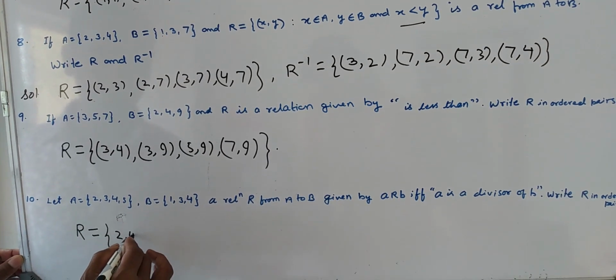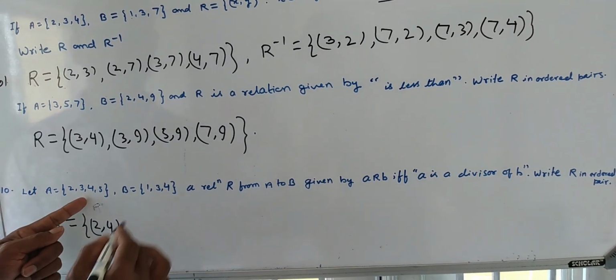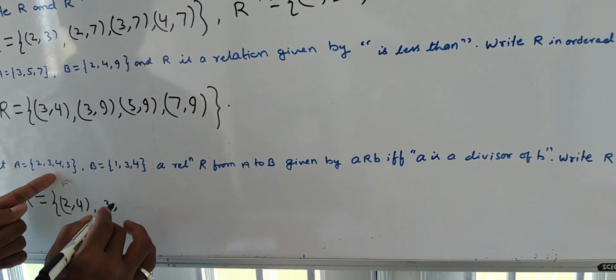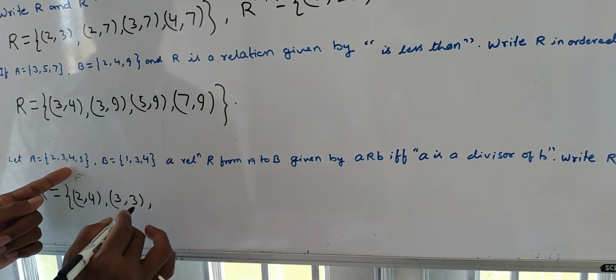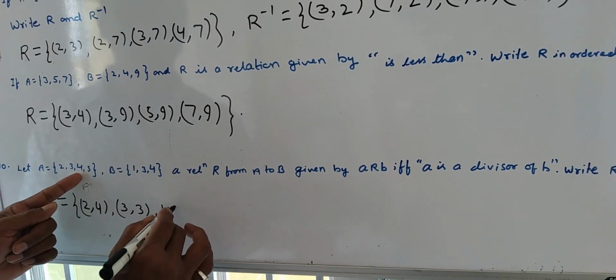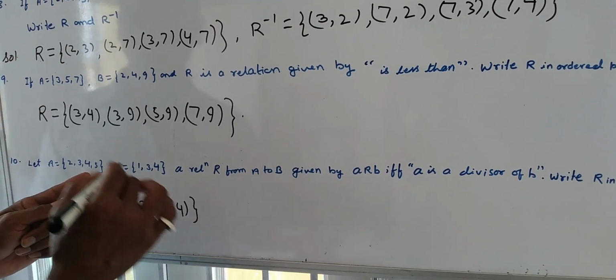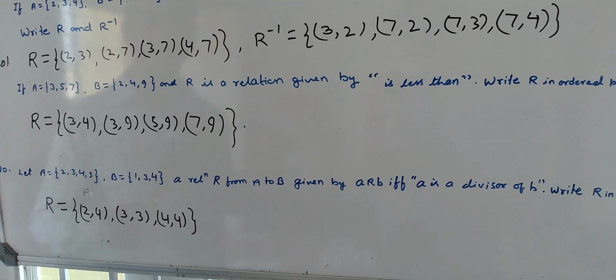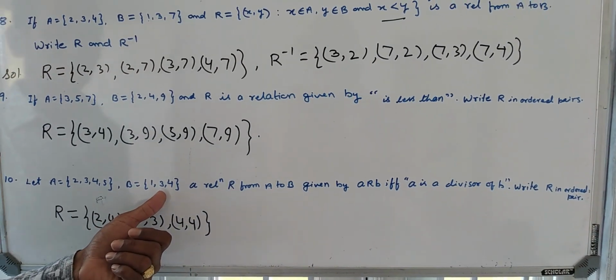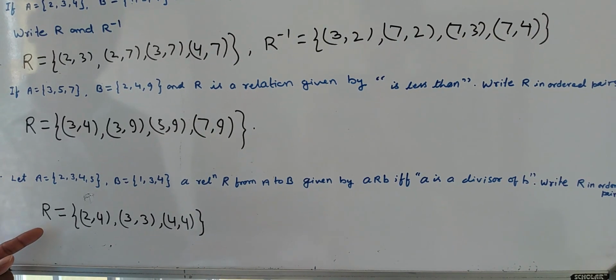So (2, 4), and (3, 3) because 3 divides 3, and 4 divides 4, so (4, 4). I think there is no other element which divides any element of the second set. So this is your answer.